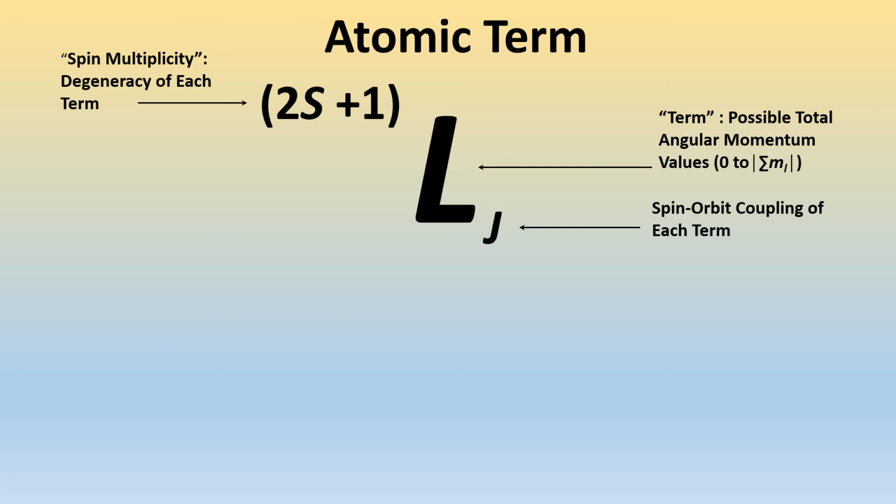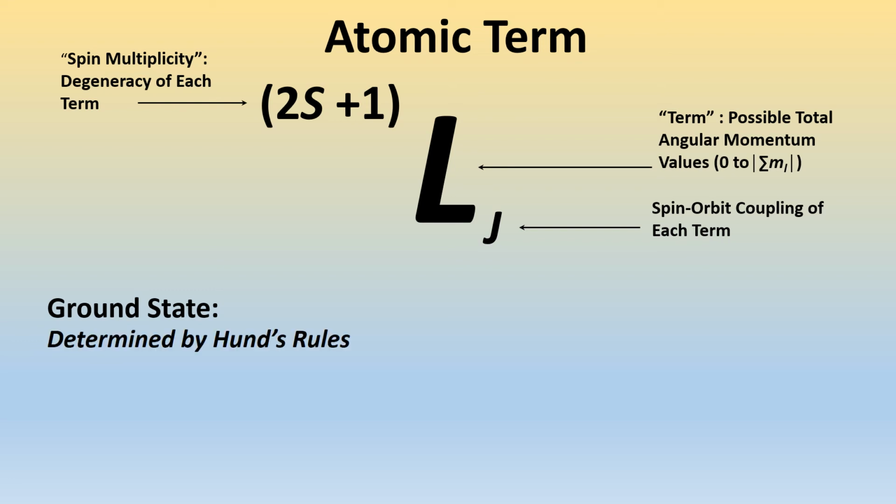The ground state of any individual atom within the range of all the possible L values is determined as follows. This method follows Hund's rules, which state the term with the maximum multiplicity, the maximum 2S plus 1 value, is the lowest energy state.